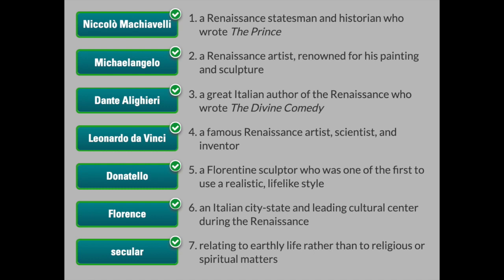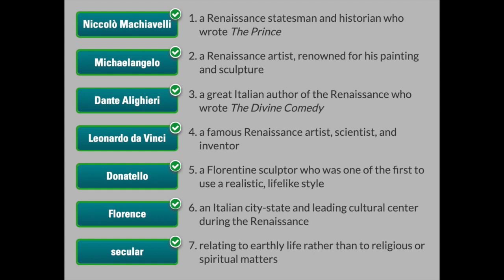And you might not know, Machiavelli was a historian, writer, who wrote The Prince, with his thoughts on how government should be. And Dante Alighieri is the writer of the Divine Comedy and a great Italian author of the Renaissance.